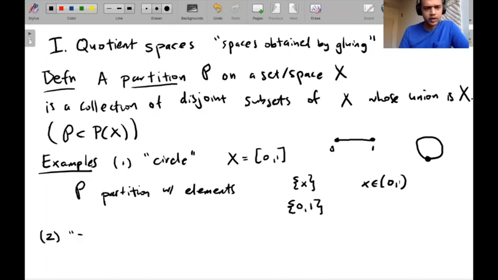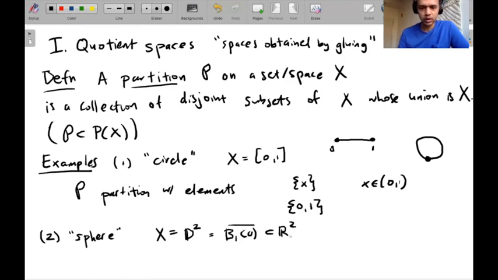So this is the sphere, the two-dimensional sphere. So let's take now X to be the closed disk, which I'm going to denote by this boldface D. One way to describe it is the closure of the ball of radius 1 inside of R^2. These are all the points of distance at most 1 from the origin.